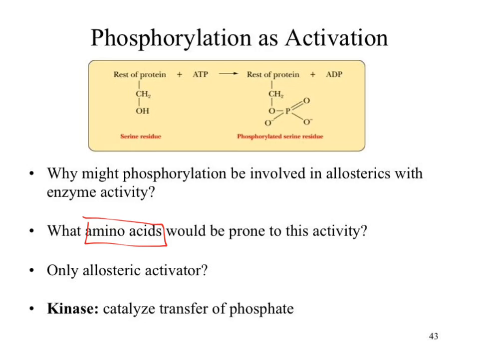It's not so much the acidic hydrogen. It's actually the oxygen that's more important. So it's going to be the polar uncharged ones. Anything with an oxygen really is going to be a really good amino acid for this interaction. Because if we go back and look at what's happening with our phosphate, our ATP is something along these lines.